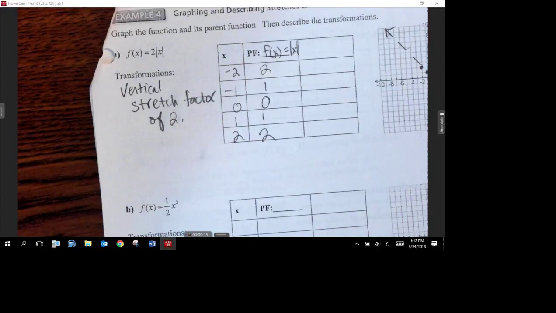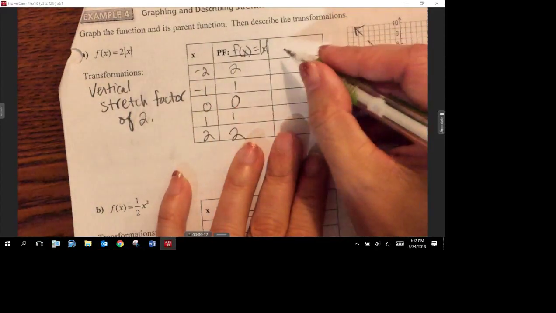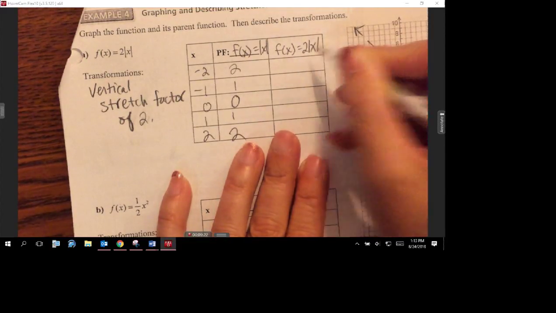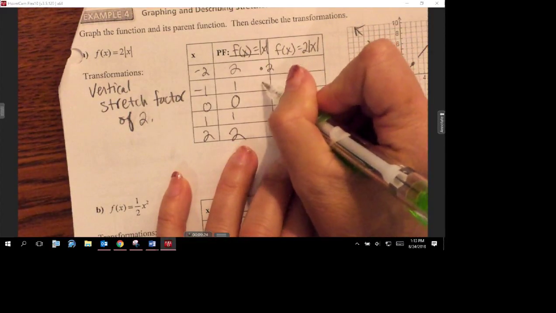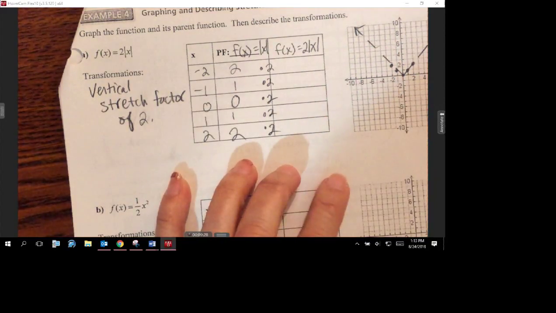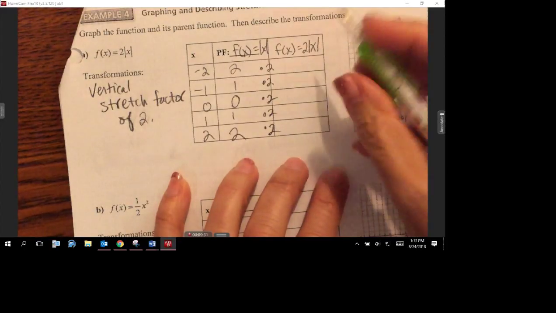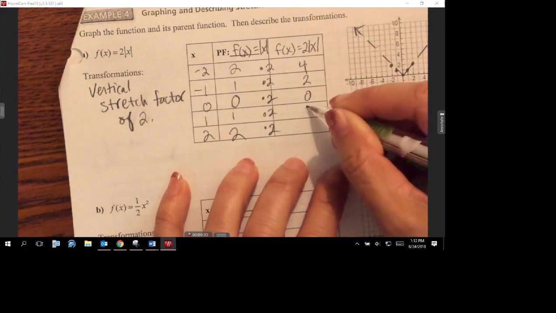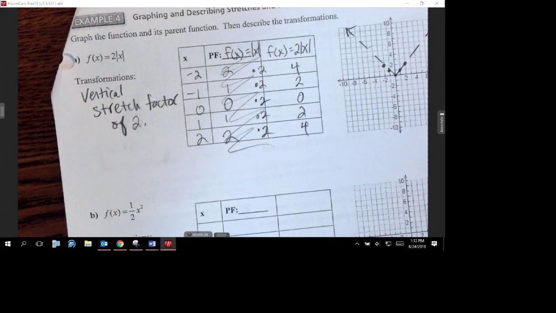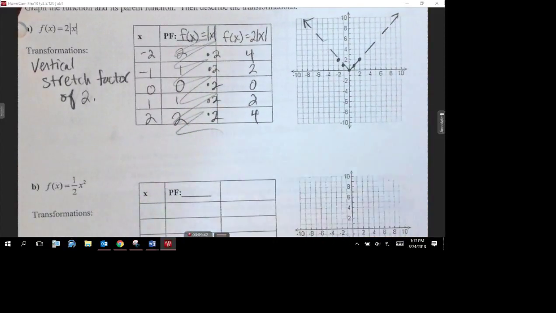And since it is multiplying by 2, that's what's going to happen in this column. We're going to write f of x equals 2 absolute value of x. And you're just going to take all of your middle column and multiply each number by 2. And that'll give you this column. And then you don't need the middle column anymore. So now what we're going to graph is a new absolute value graph.